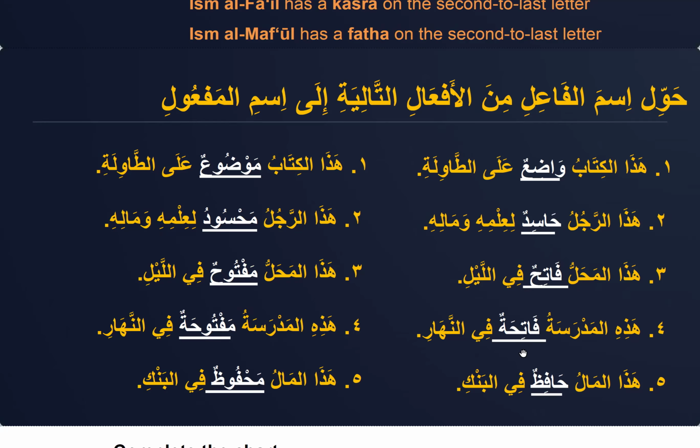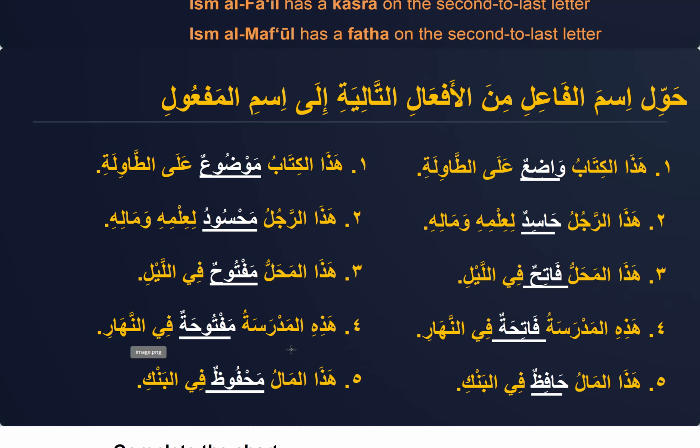هذه المدرسة فاتحة في النهار. This school is open in the daytime. As you notice here, fatihatun with ta marbuta, because madrasa is feminine. So now when you change it to Ism Mafʿūl, هذه المدرسة مفتوحة في النهار.